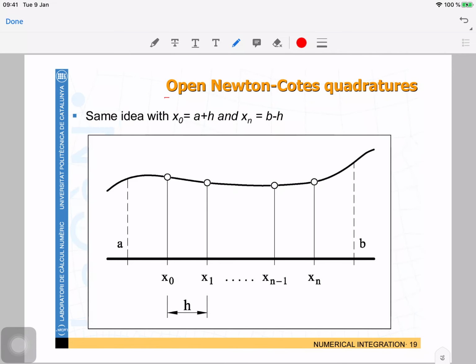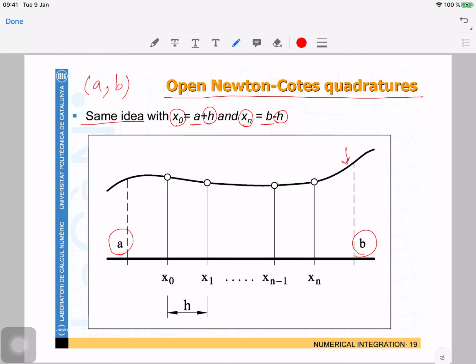For open Newton-Cotes quadratures, when we want to calculate the integrals over the open interval of a and b, not the closed one, we can follow the same idea that I presented before, but here we have to choose the first point for the integration 1 step more than a, and the last point 1 step less than b. In this graph, we want to integrate this function between a and b.